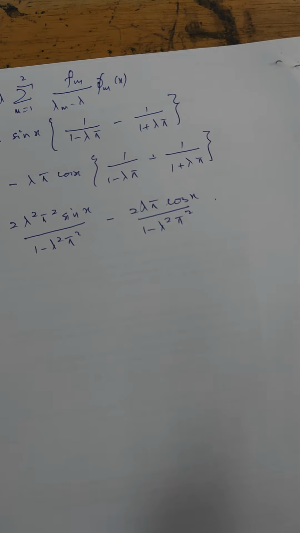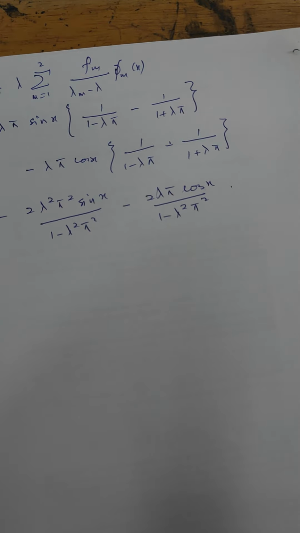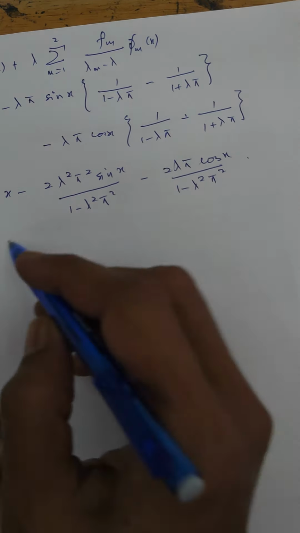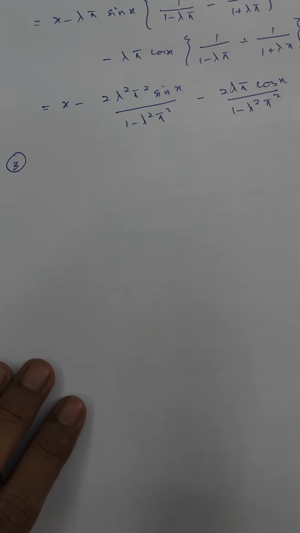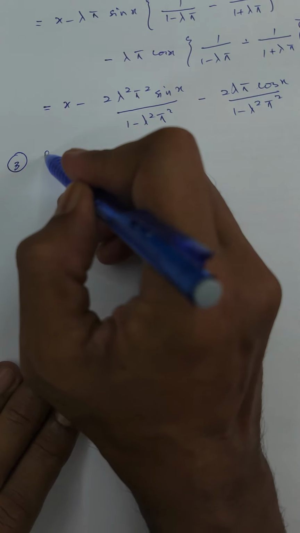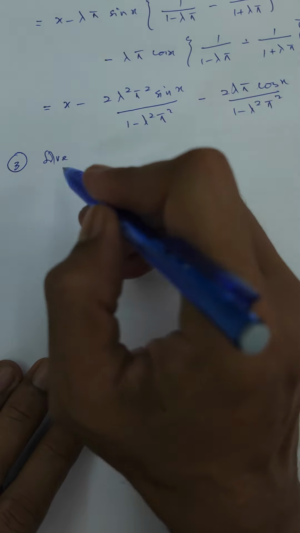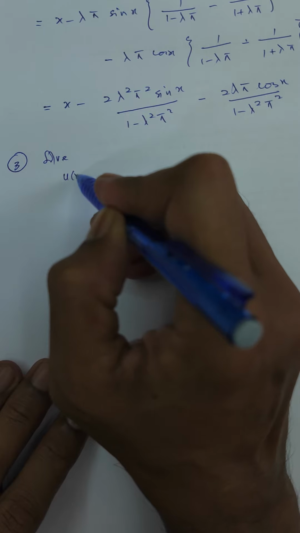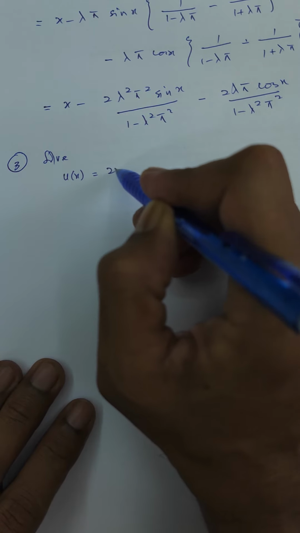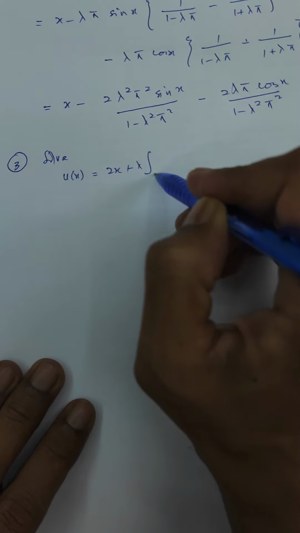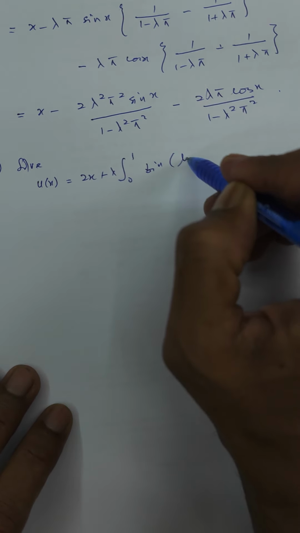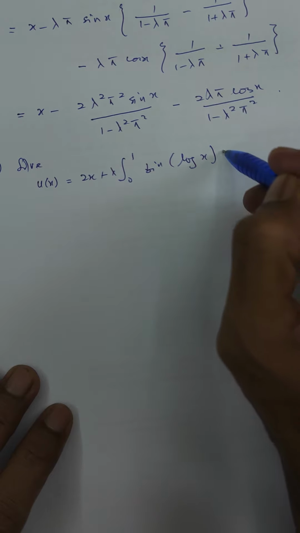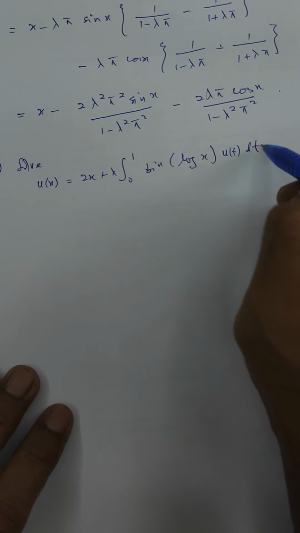Alright, so that's example number 2. I'll give you example number 3. Now, let's say we want to solve this non-homogeneous equation: u(x) equals 2x plus lambda times the integral from 0 to 1 of sine log x u(t) dt.